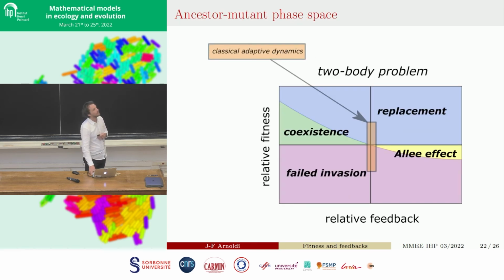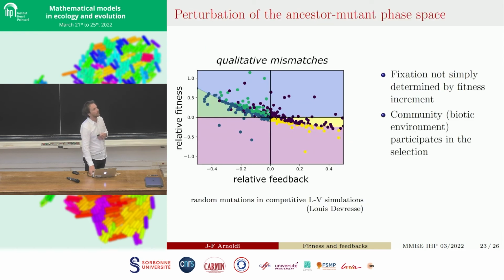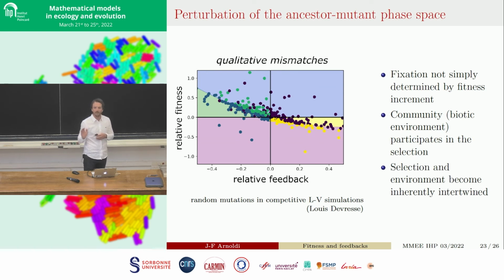My point here is that the community is participating in the selection process, beyond just saying what the invasion fitness is. And so the selection and the environment become inherently intertwined here. That may not be the perfect way of saying this. If you have a better way of viewing it, I'd be very happy to discuss this.